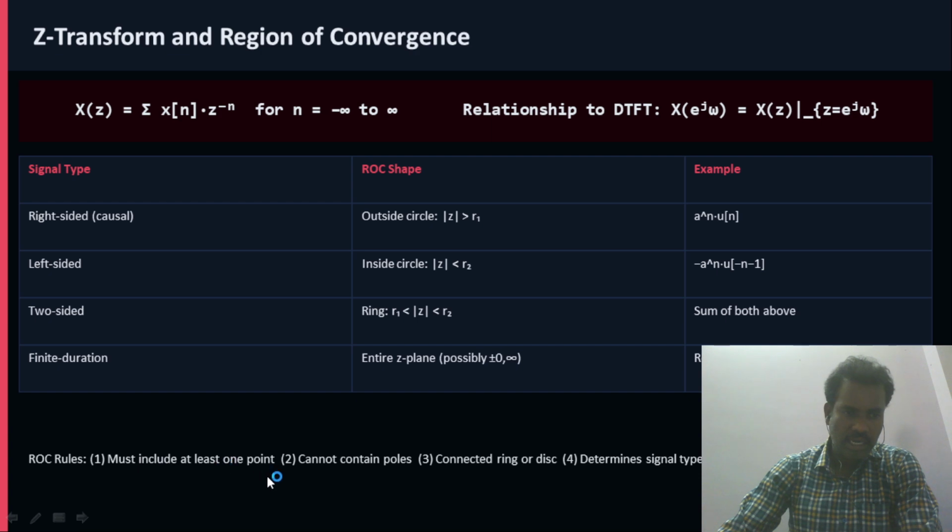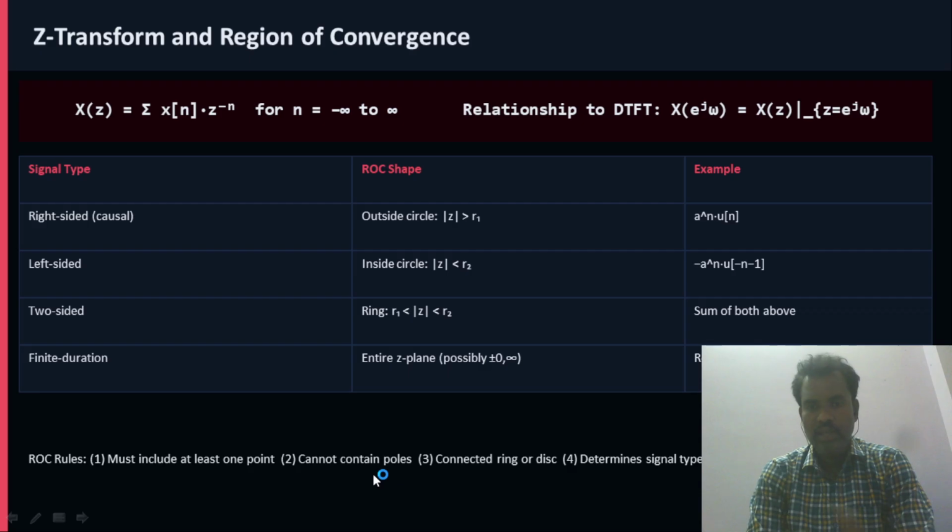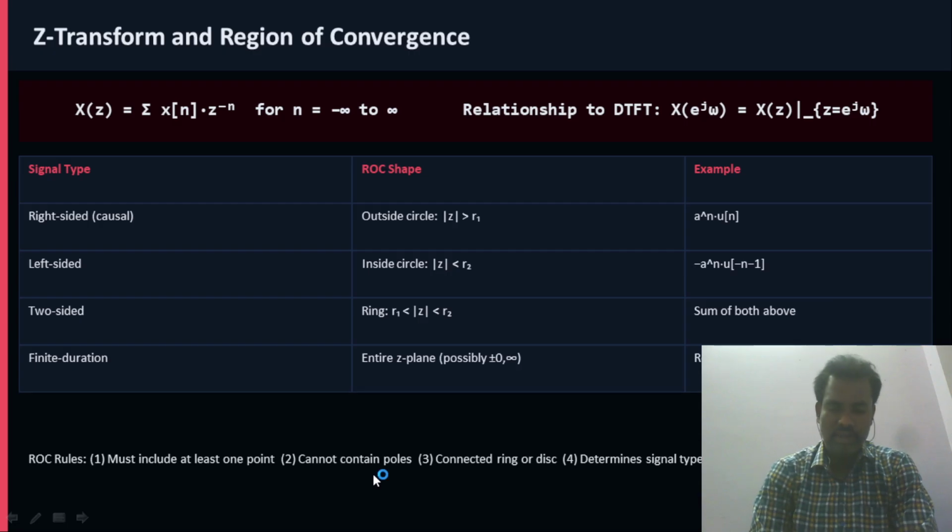It must not contain any pole within the ROC, and it may be a connected ring or disk, or the region above or below. Based on the region of convergence, we can determine the signal type. If it is greater than some radius, it is a causal signal. If it is less than some radius, we can say it is an anti-causal signal, because it is purely left-sided.